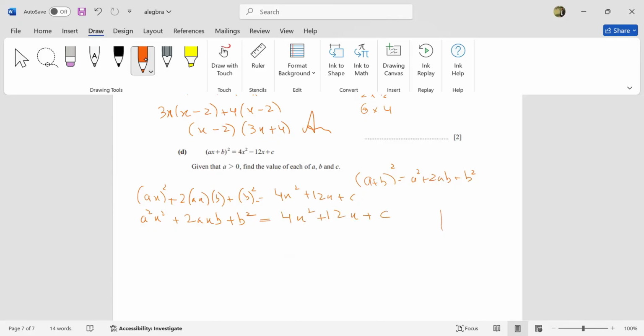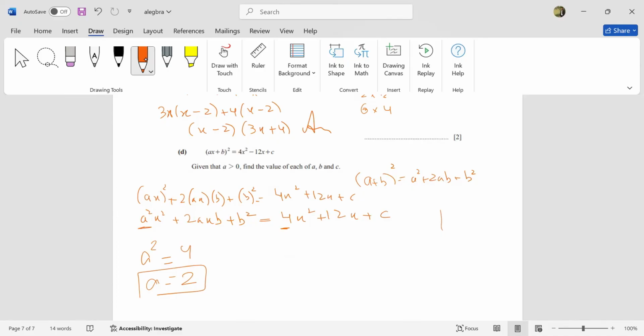Okay, now let's check out the terms having x squared. Basically, we are comparing the values, right?